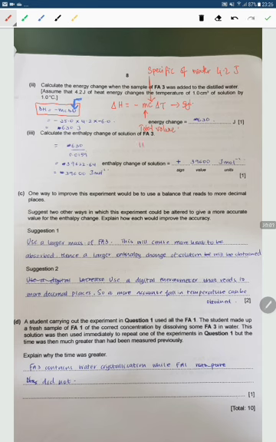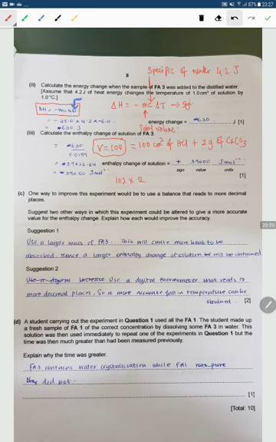Even if we have 100 centimeter cube of a solution, let's say 100 centimeter cube of HCl mixed with 2 grams of calcium carbonate, the V would be 100. It won't be 102, and it won't be 2 gram.